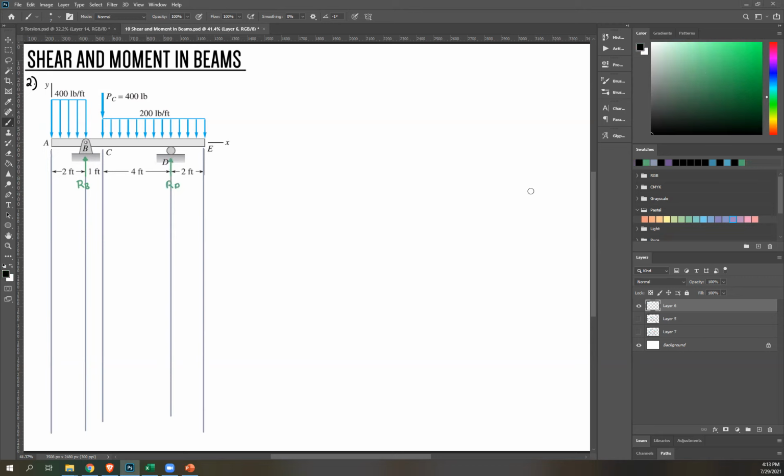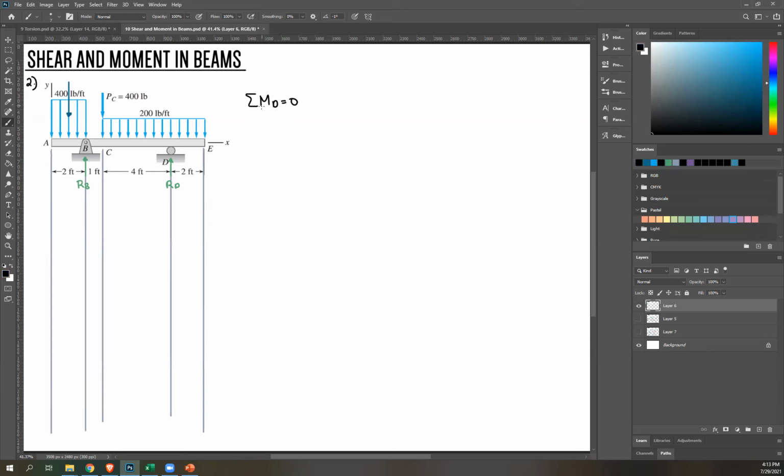Okay, let's try summation of moment about D equals 0. Now what we'll do here, we can convert this to point loads. So your point load will be directed at this location. To get the point load, that's just the area of your distributed load.